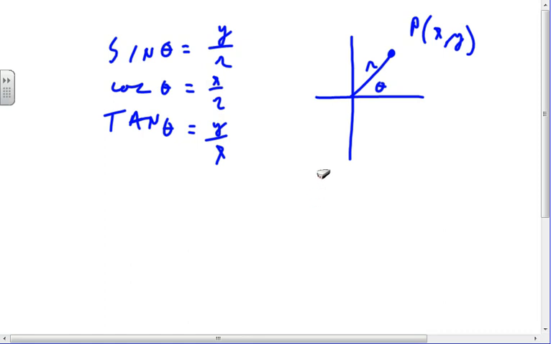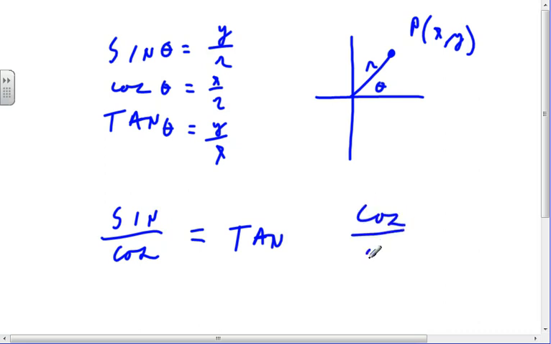And then there's the inverse guys. And then there's things like sine over cosine is going to be tangent, and cosine over sine is going to be cotangent. Isn't that lovely?